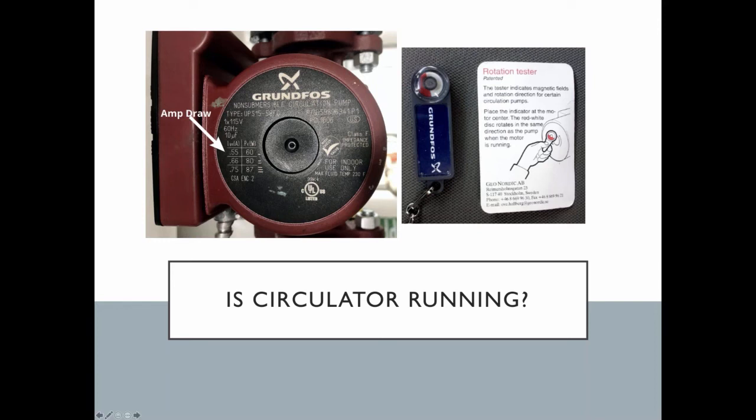So we use these little Grundfos things. I'm sure other people make them. You just hold this tester up against here and it spins back and forth, spins around, and it tells you if the pump is running. These are a great idea if you go onto a job site and there's a lot of those little small circulators there. And it's about a $10 item.